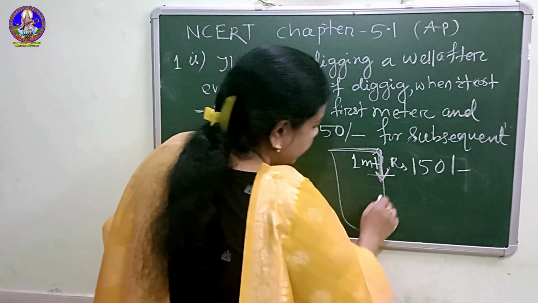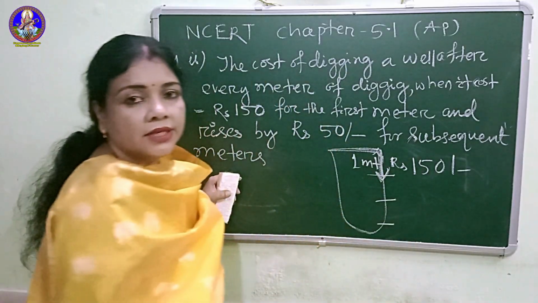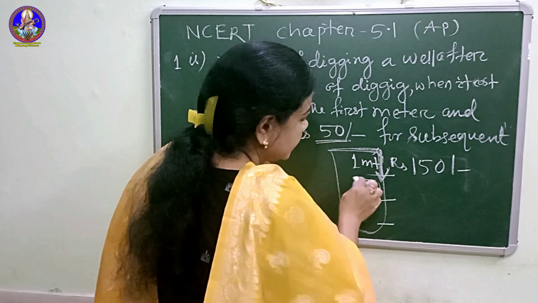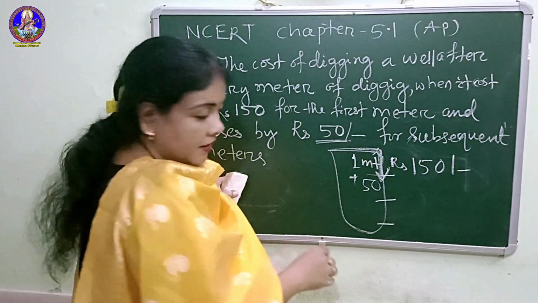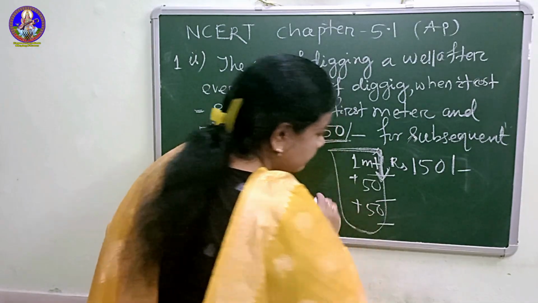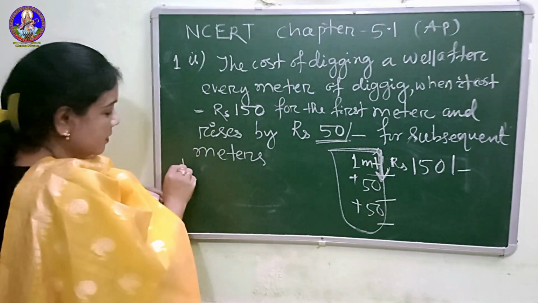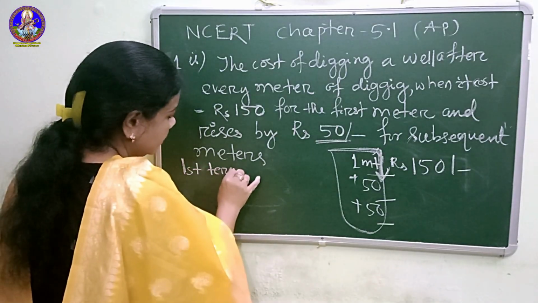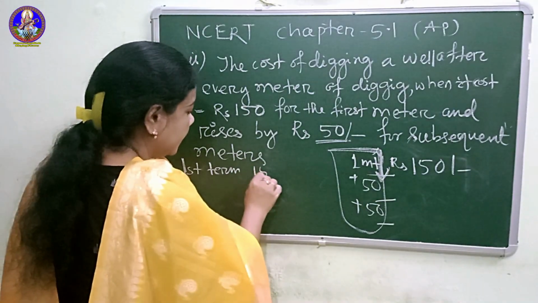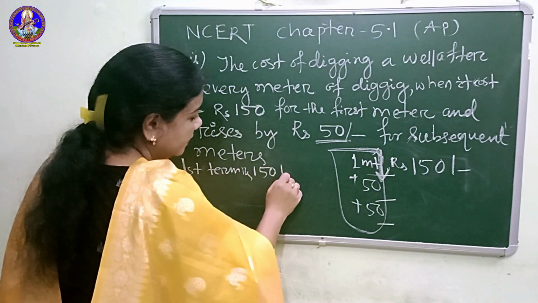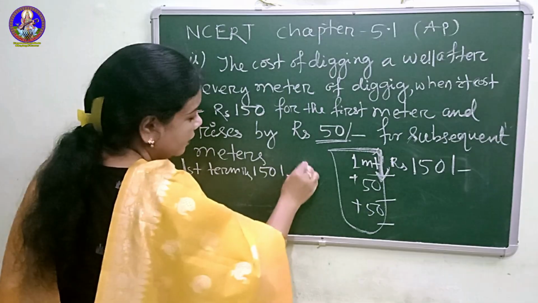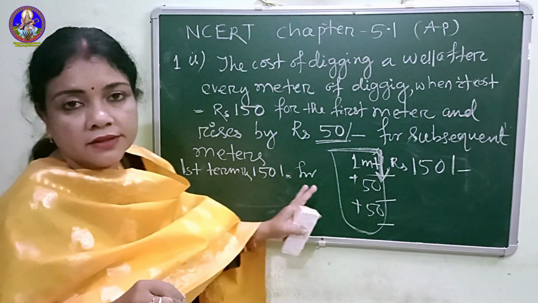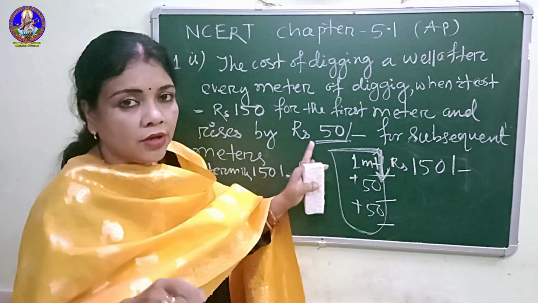But after succeeding 1 meter down to the earth, it costs 50 plus. Again plus 50. Means the first term is rupees 150 for the initial condition where you are digging the well up to 1 meter.